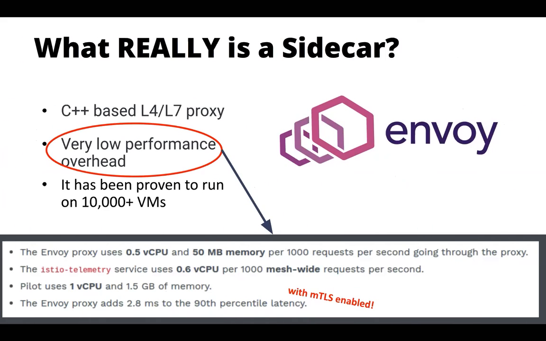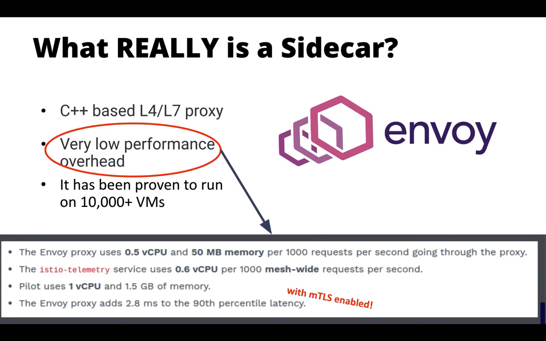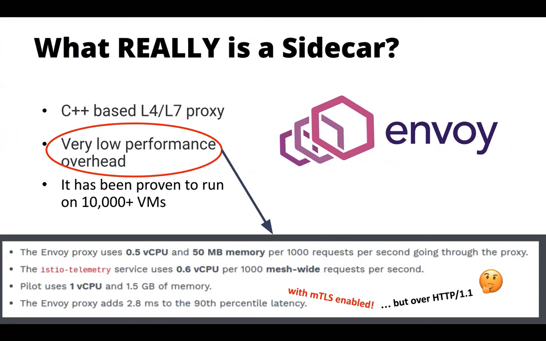If that's impressive, then I'll tell you that this 2.8 milliseconds is with mTLS enabled, which means with the whole traffic in your cluster encrypted. So that's something. Although those are the results from HTTP 1.1 benchmarks, which is a bit surprising, but yeah. Anyway, even with HTTP 2, it's not much more.